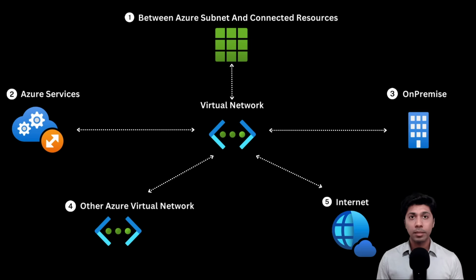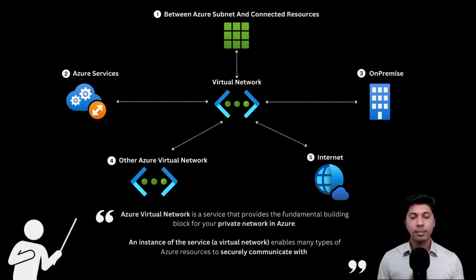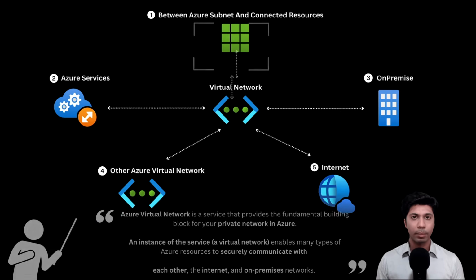And because virtual network is common for all these connections, the definition is: Azure Virtual Network is a service that provides the fundamental building block for your private network in Azure. An instance of the service, that is, a virtual network, enables many types of Azure resources to securely communicate with each other, the internet, and your on-prem network.